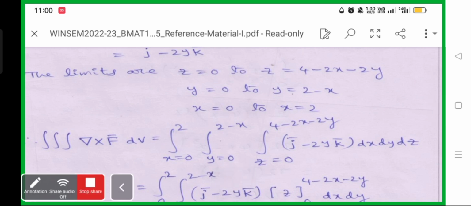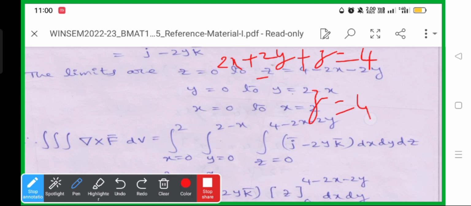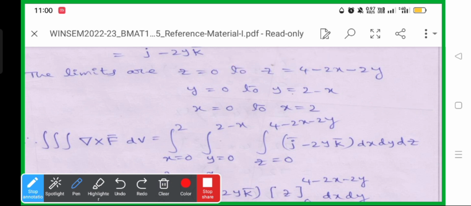From the equation we have 2x plus 2y plus z is equal to 4. From the equation we can have the value of z equal to 4 minus 2y minus 2x. Okay, 4 minus 2y minus 2x.